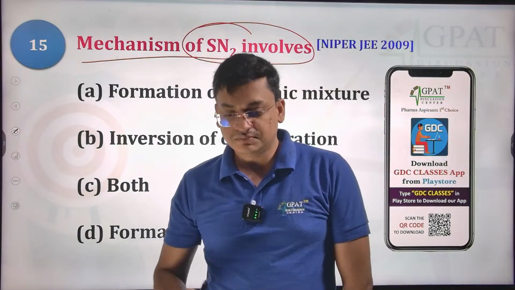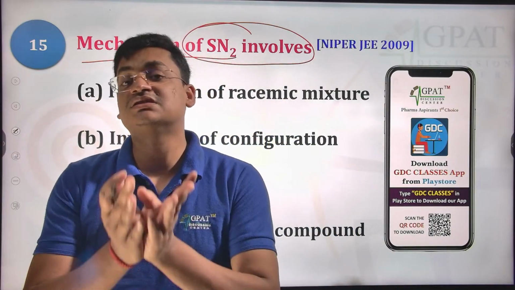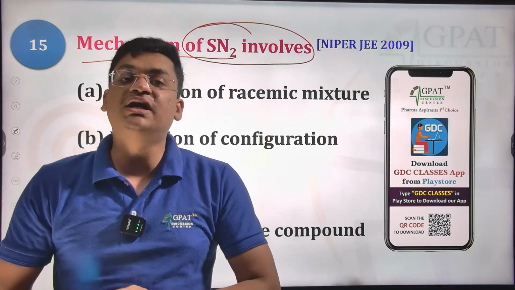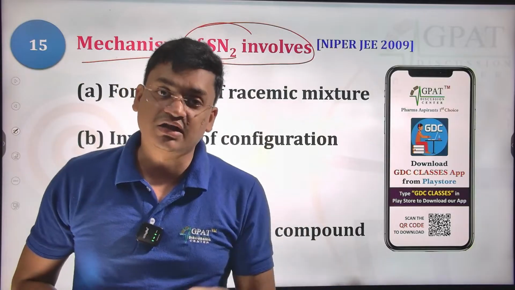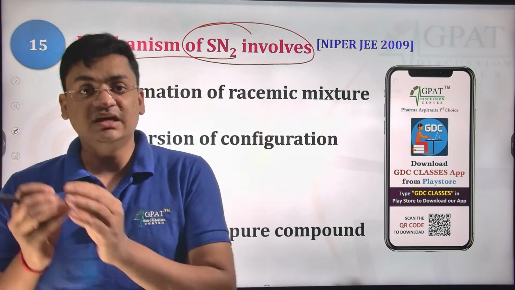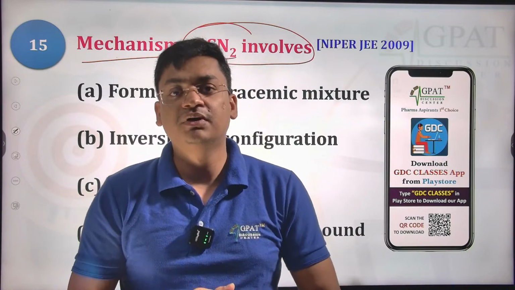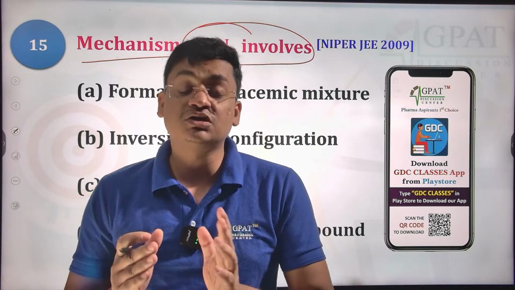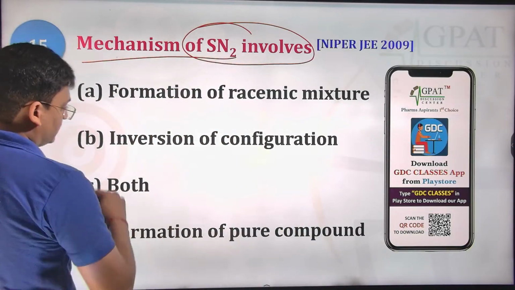There is no case for retention in configuration, since the nucleophile can only attack the substrate from the backward direction. Your nucleophile cannot attack from the direction from which your leaving group is going to be removed. There is no such possibility. So it only has 100% inversion in configuration.